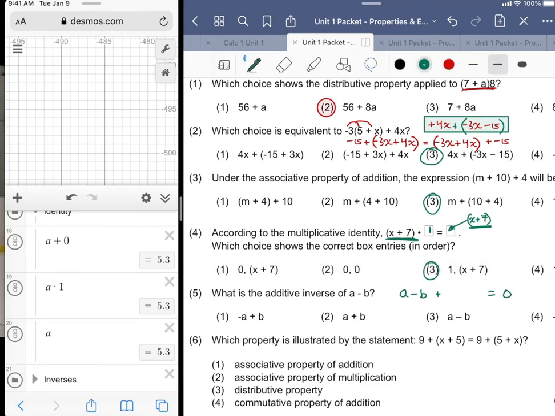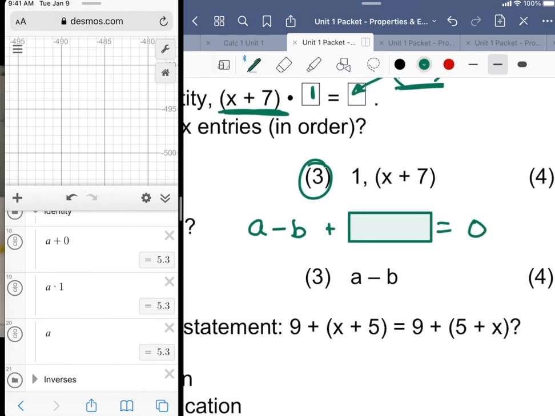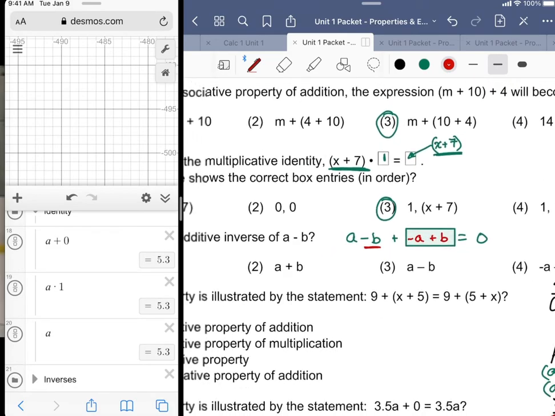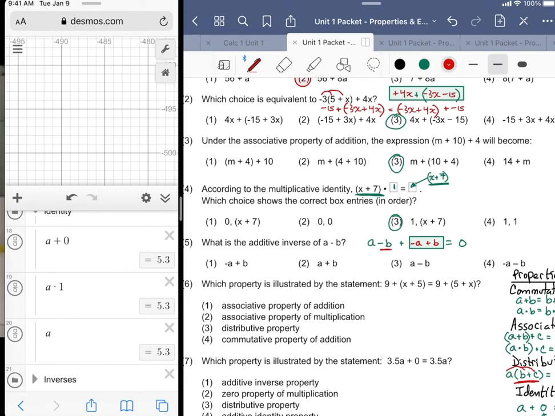Sometimes it's easier said than done, but if you want terms to cancel out, it means adds to the identity. I have an A, I don't want the A. So I would subtract that. I have a negative B, I don't want that either. How do I get rid of a negative B? Add a B. All right, and if you're in doubt, you can type it into Desmos and check it, but I'm looking for the one that says negative A plus B, that's number 1.